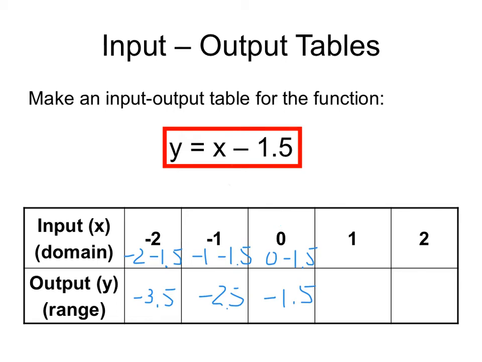Let's get rid of that and insert a 1 for x. So I'd have 1 minus 1.5, which would be negative 0.5. And last but not least, we're going to plug in 2 for x, and I'll have 2 minus 1.5, which would give us a positive 0.5.